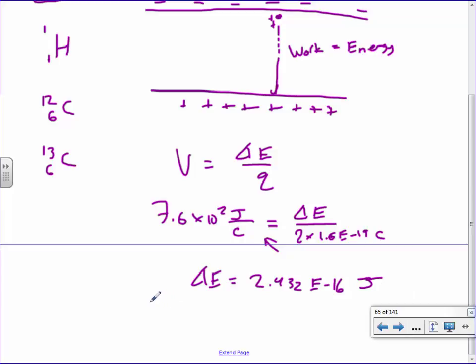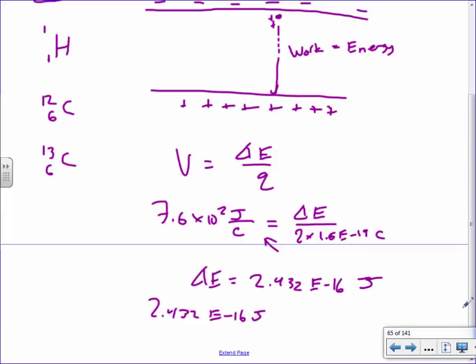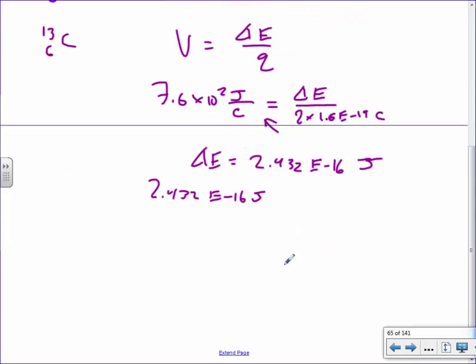So the last thing you would do is you would take this number here, 4.32 times 10 to the minus 16 joules, and you're going to convert it using the conversion ratio, which is that in 1 electron volt, there is 1.6 times 10 to the minus 19 joules.